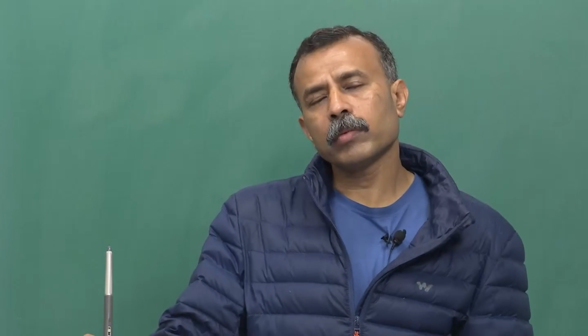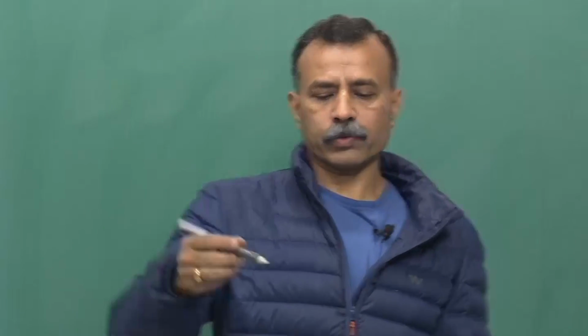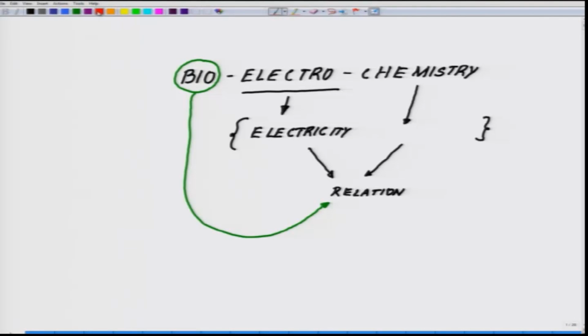Because when we talk about electricity, we talk about movement of charges from one point to another. Let us talk about the fundamentals. When we talk about electricity, what do we essentially mean? When we talk about any kind of charge transfer, it could be an electron, it could be a proton, it could be some form of an ion.